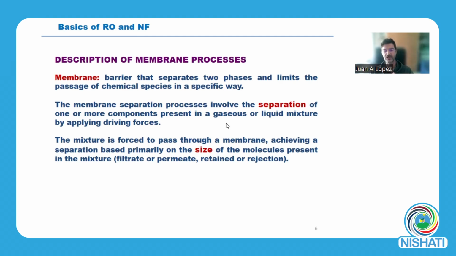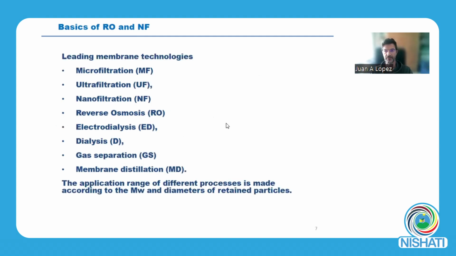Okay, it's not just size. Right? It's very easy to understand that size is the main reason why the components can be separated from the feed water, but it's not really. The size is important, but it's not totally true. Okay, there are other topics that must be considered.